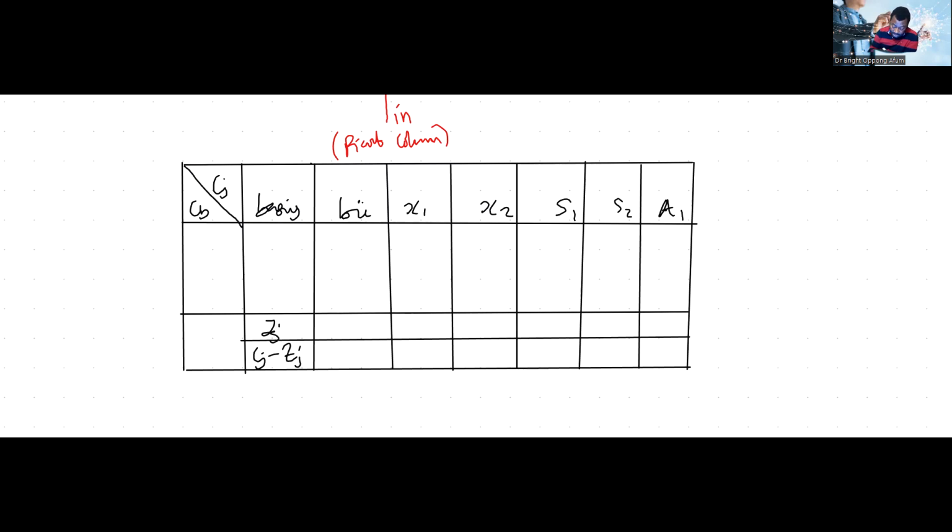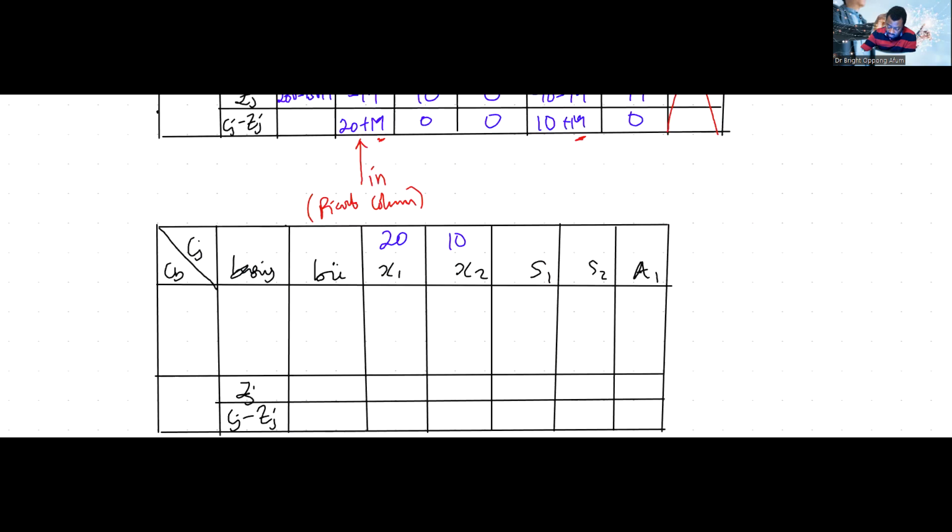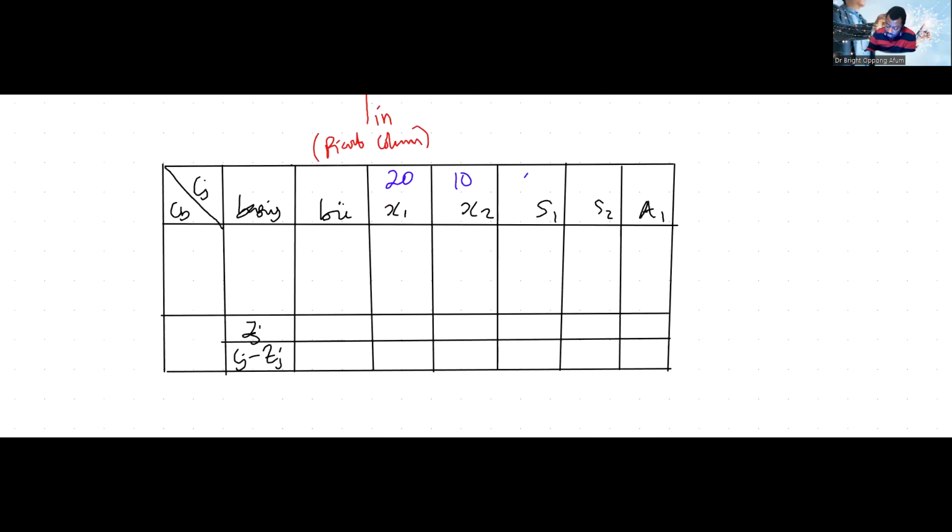Now we populate. So we have 20, 10, is it 20 or 40? It's 20, okay, 20, 10, 0, 0, negative M. Then we have A1, still here.